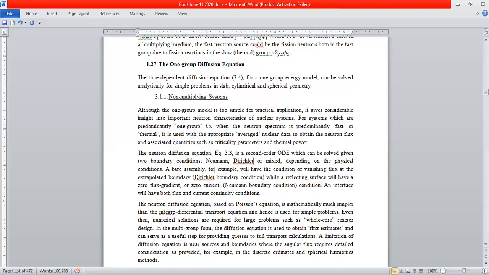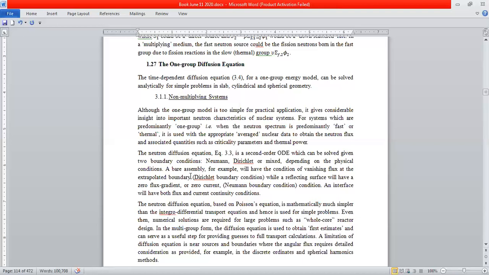So a bare assembly, for example, no reflector, no nothing. For example, if I just put a sphere in the room, this will have the condition of vanishing flux at the extrapolated boundary. And the example I give my students is that imagine there's heat coming out of a room in winter, there's a heater. So some heat is going to go through the walls, and it's not going to travel for a million miles outside the wall.